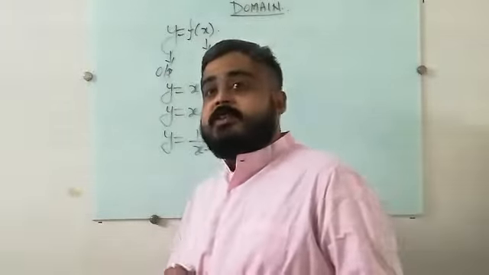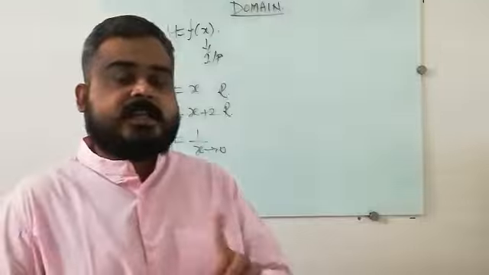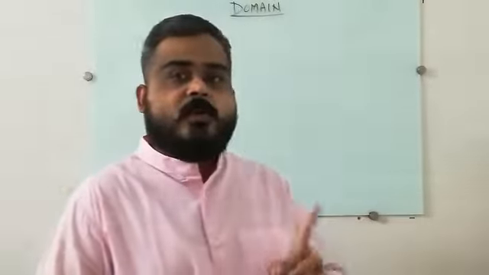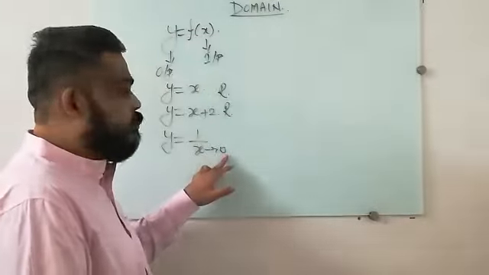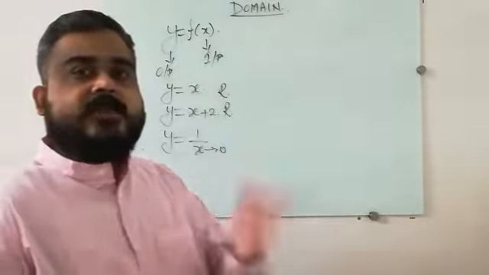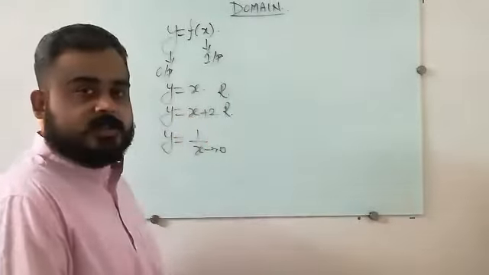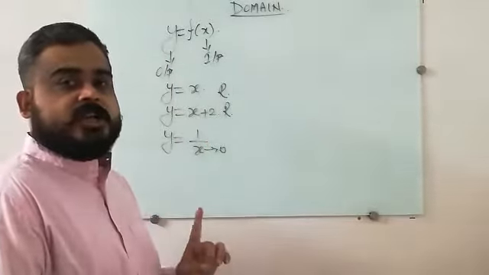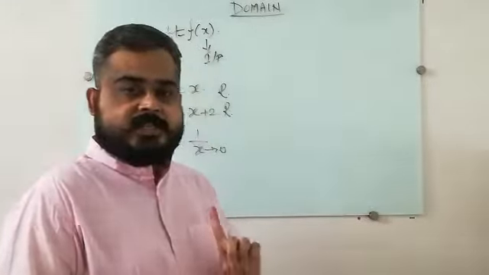Now 1 by 0 will be undefined. So this function is getting undefined for a value of x which is 0. Apart from this x equal to 0, if we substitute any value, then this function will accept all those values. So this function is undefined only at a single value of x which is 0.